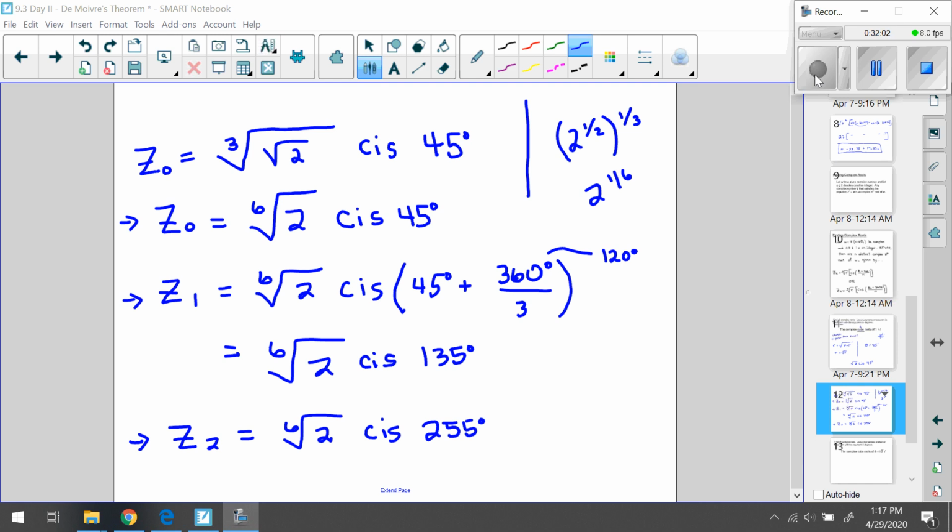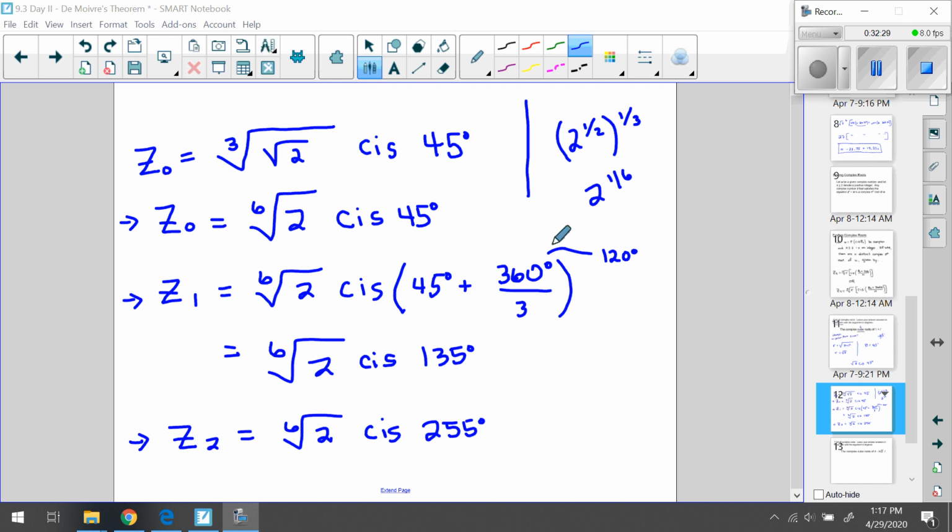If you take 255 and add 120, that takes you up to 375, and if you subtract 360, that gives you 45. That's what I mean by it recycles itself. It goes around 1 revolution, and then it should land back where that first angle landed. If that doesn't happen, you made a mistake at some point, and you might want to check those angles again carefully.